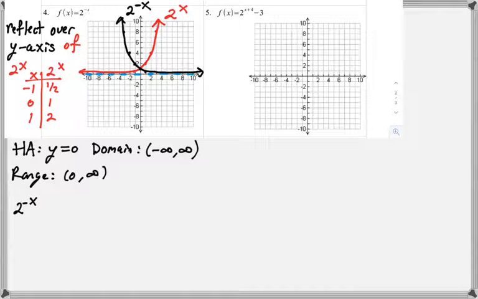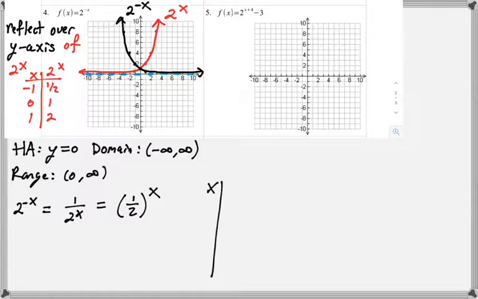Now 2 to the minus x power, using properties of exponents, that's 1 over 2 to the x power, which can also be written as 1/2 to the x power. 1 to the x power is 1, 2 to the x power would give us the 2 to the x power, so it's equivalent here. Now your base here is 1/2. 1/2 is between 0 and 1, and if your base is between 0 and 1, you have exponential decay.